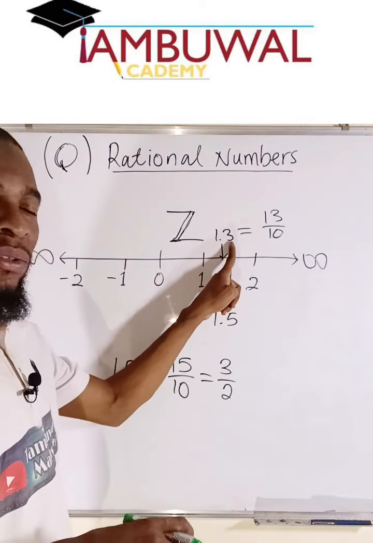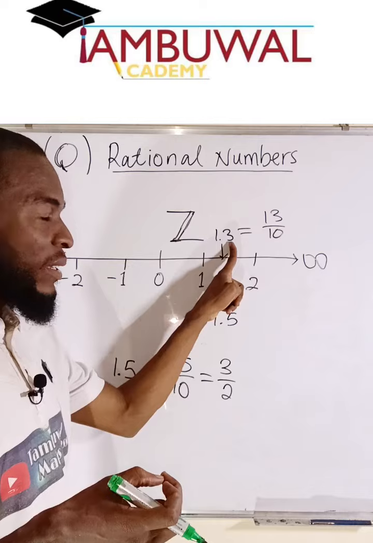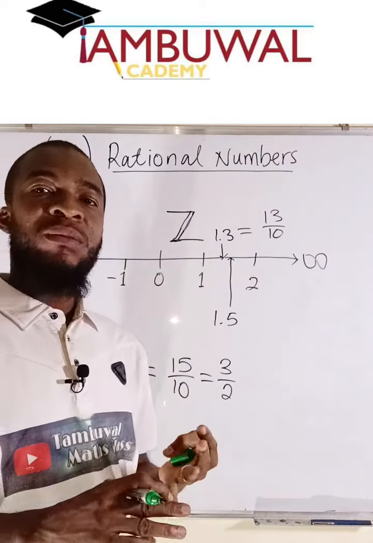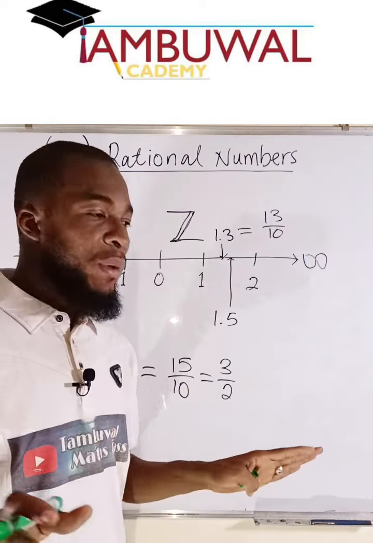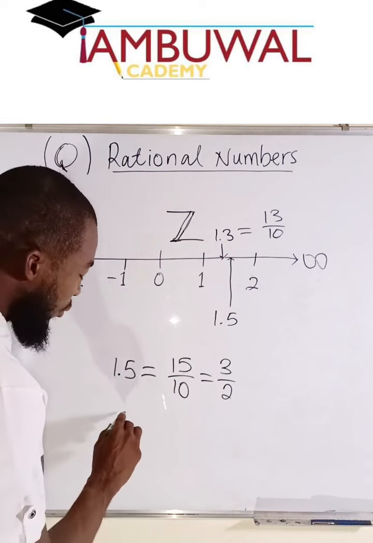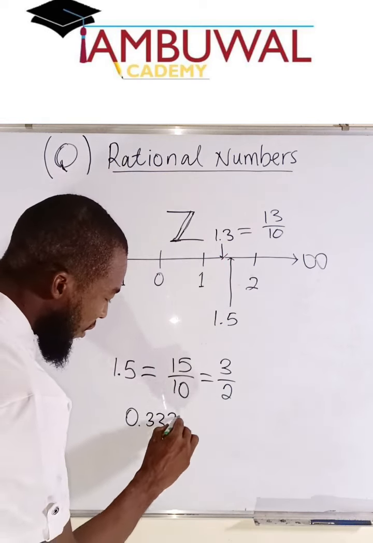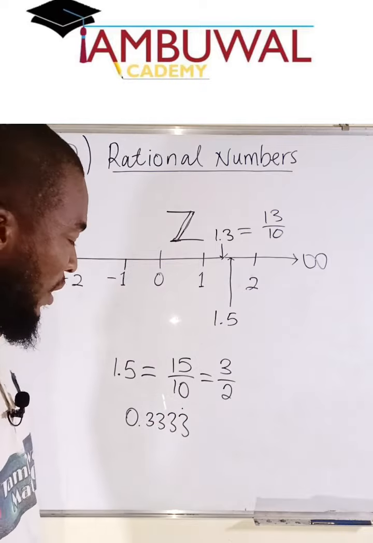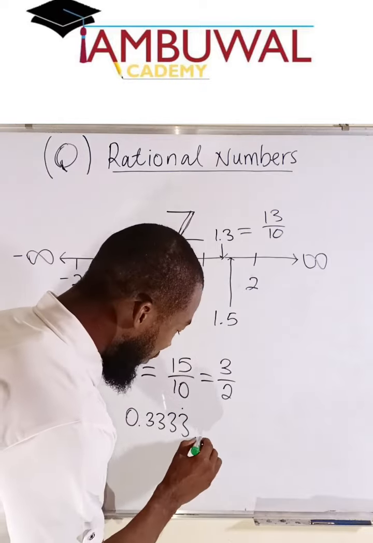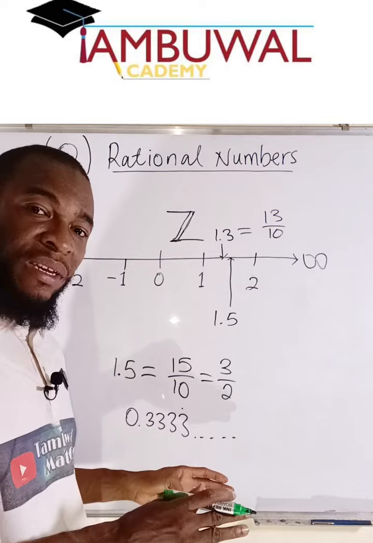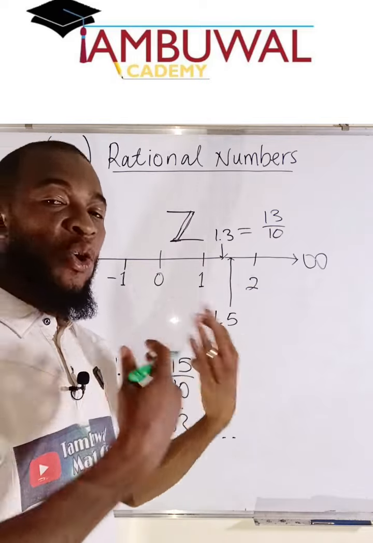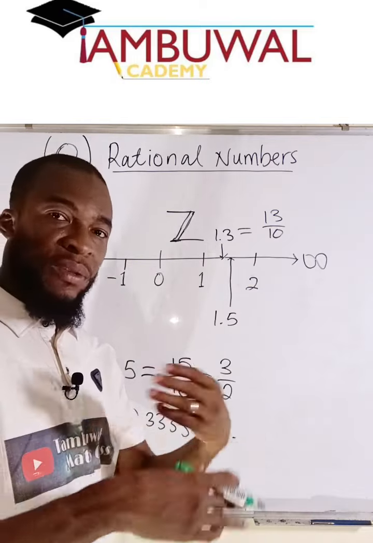You can see this one has 1 decimal place; immediately, it terminates. Sometimes you may have non-terminating decimals. For example, you may have 0.3333, it keeps on recurring. This one is non-terminating, but recurring, because 3 keeps on repeating itself.